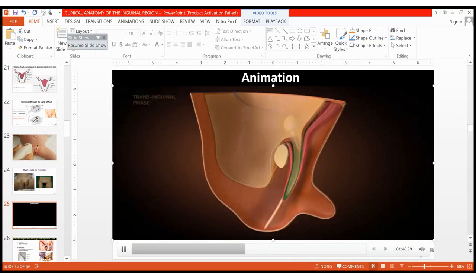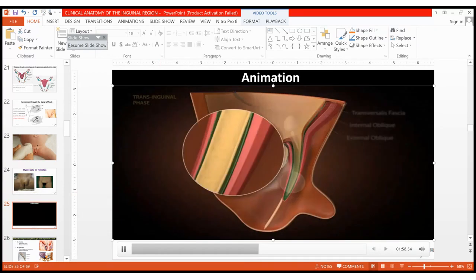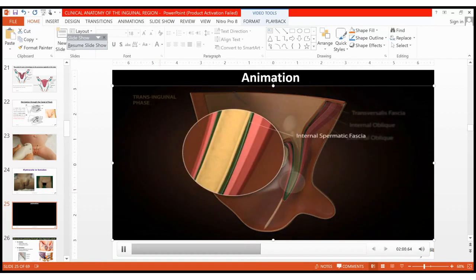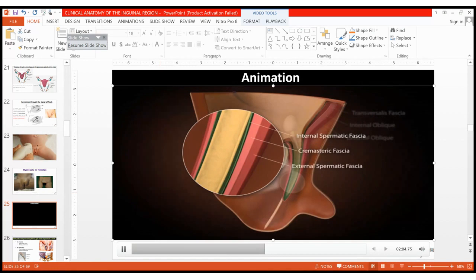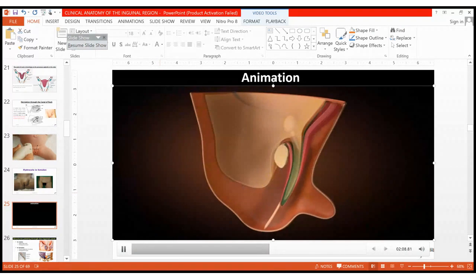These layers, which develop into the transversalis fascia and the internal oblique and external oblique muscles, follow the processus vaginalis and become the layers of the spermatic cord, the internal spermatic fascia, cremasteric fascia, and external spermatic fascia, respectively. The leading tip of the processus follows along the gubernaculum and enters the scrotum.